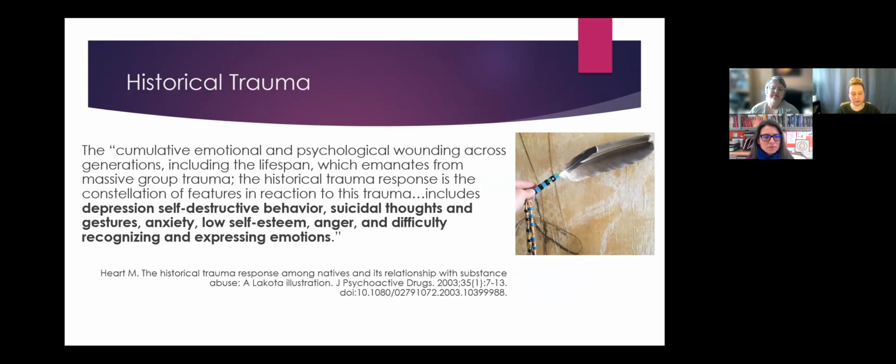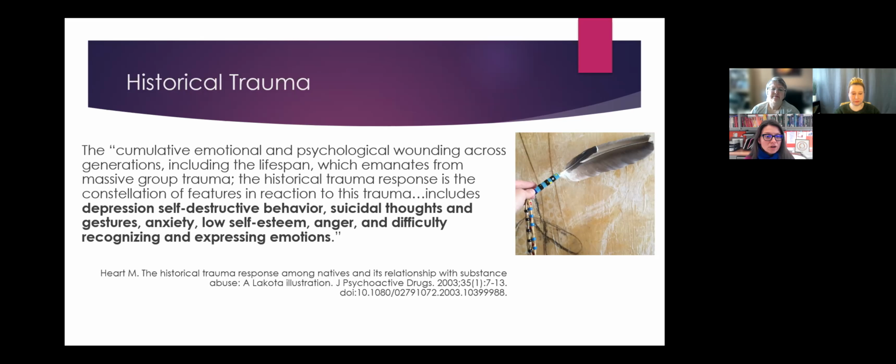It's thought to be the cumulative emotional and psychological wounding across generations, including the lifespan, which emanates from massive group trauma, which of course was experienced not only from displacement, but also disease, and sometimes even things like smallpox blankets being disseminated amongst our population. So sometimes untrustworthy behavior.